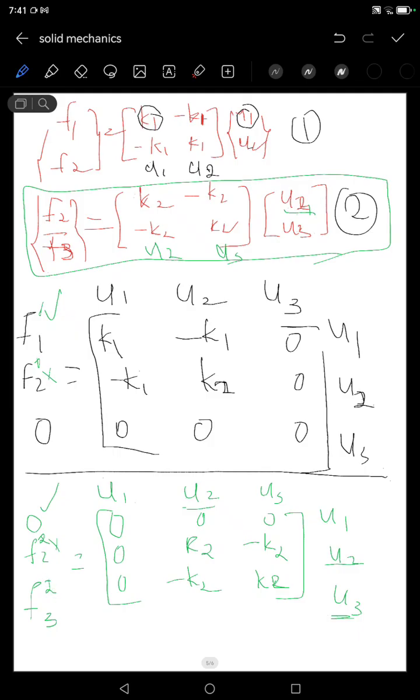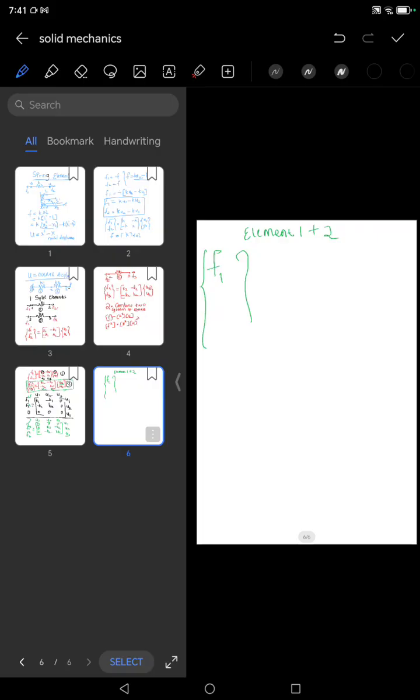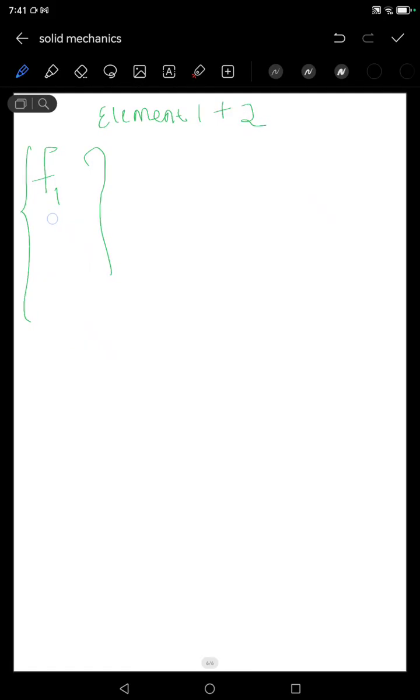So it's going to be f2 1 plus f2 2 for element 2.